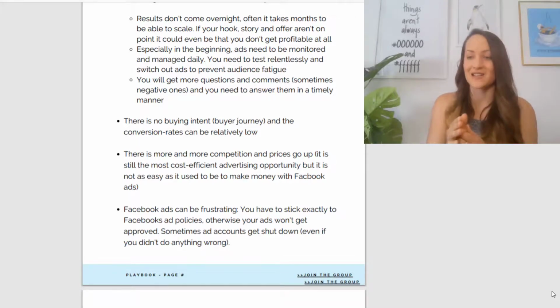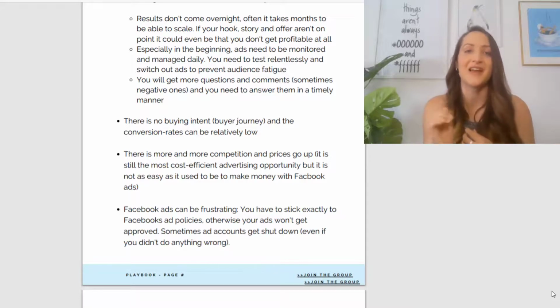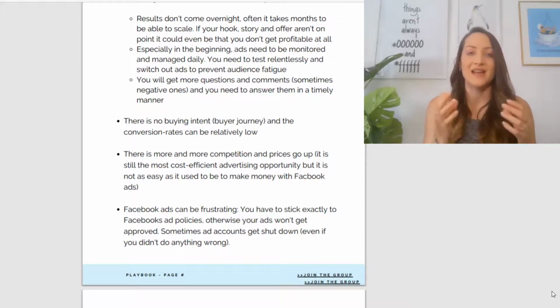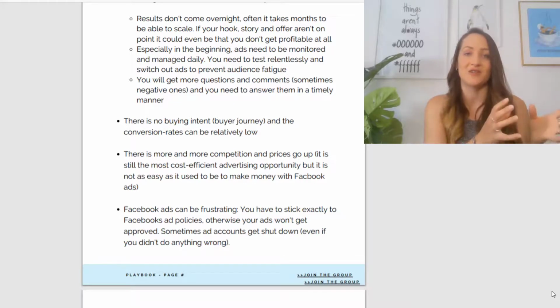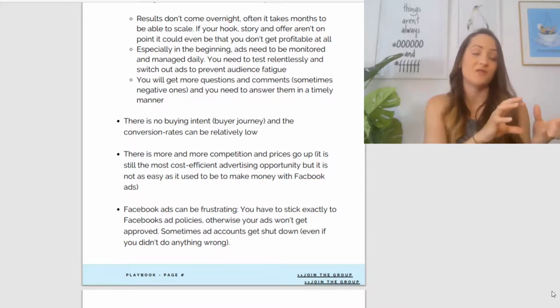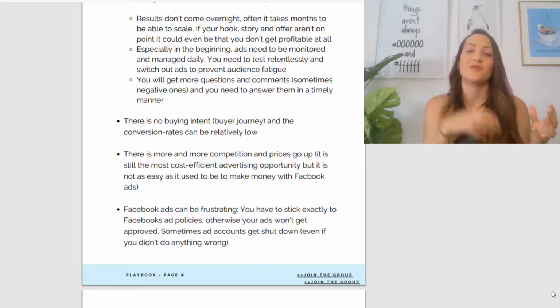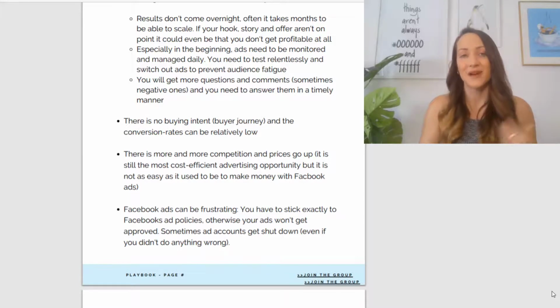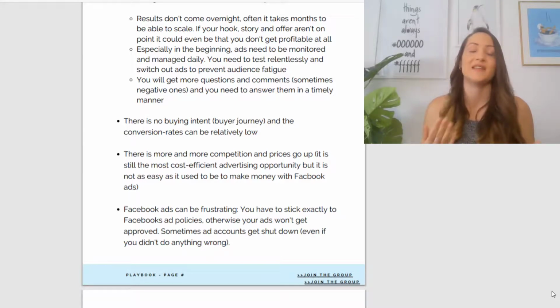I actually personally think that it's already on the edge of how many ads you are shown on Instagram and on Facebook, but it just has so much ad inventory that it can show, and now the advertisers have to compete for that inventory, and the more competition, the higher the prices. So yes, indeed, prices have gone up. Still, it is the most cost efficient way, but you have to be aware of that. There is a lot of competition, and it gets increasingly difficult.